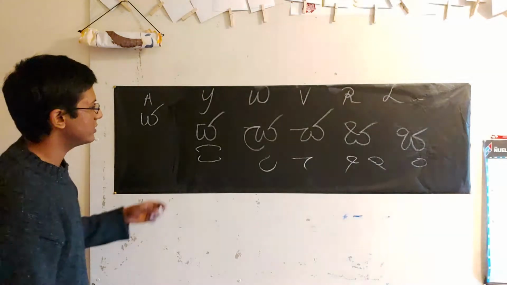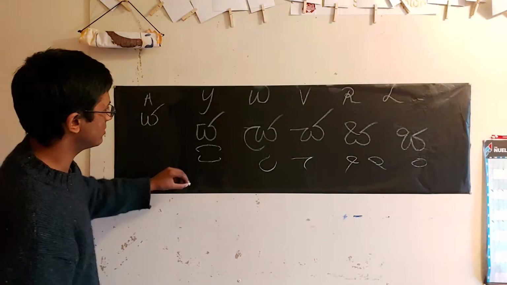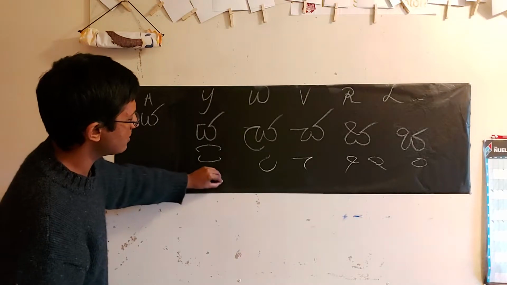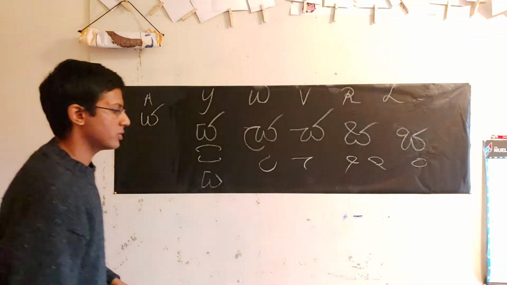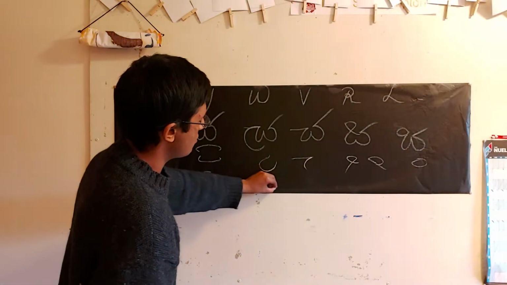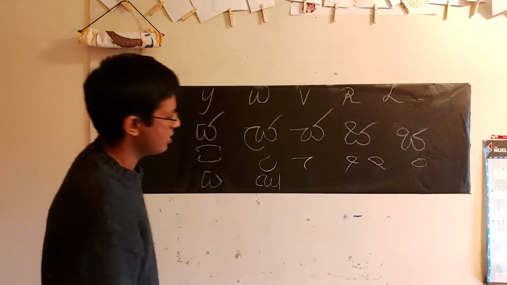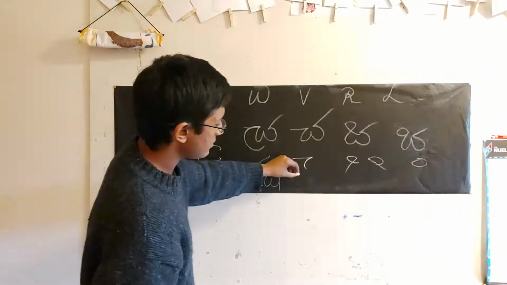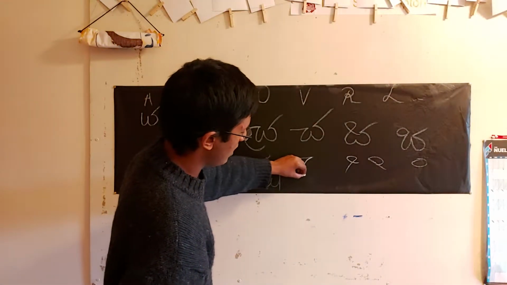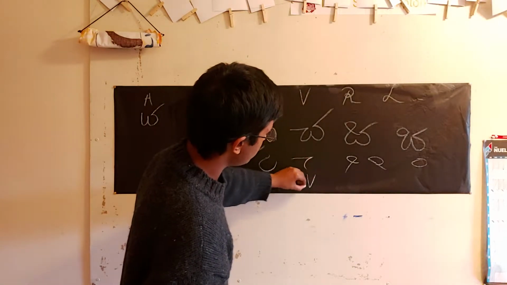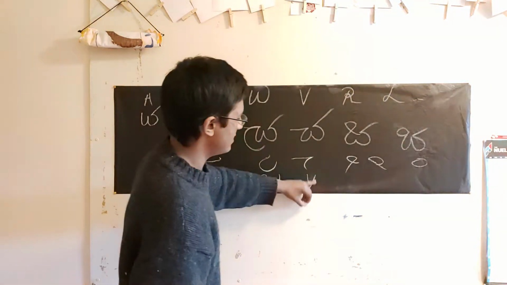We can try and do these with other sounds as well. We write yoy, and then we can try w. This is w. Then we can try vua. Oops, I wrote in English.